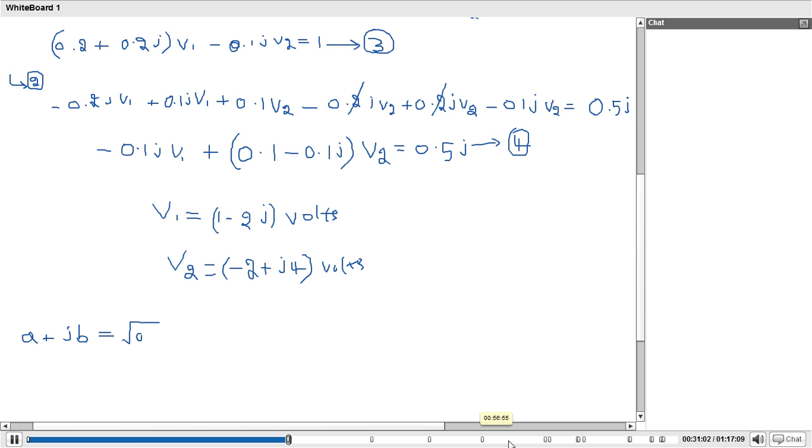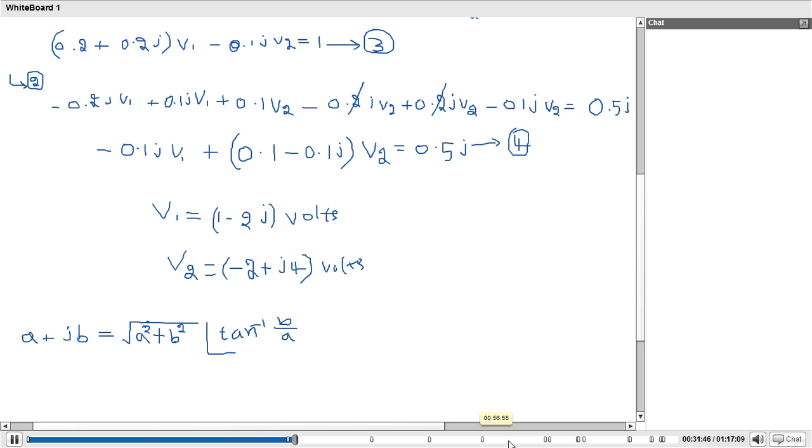Polar means it has a magnitude, that is root of A square plus B square, at an angle of tan inverse B by A.